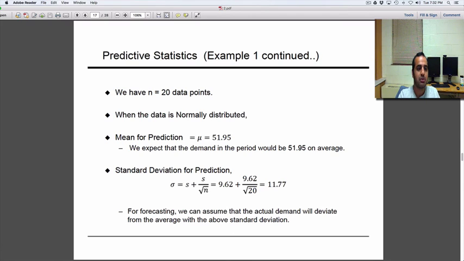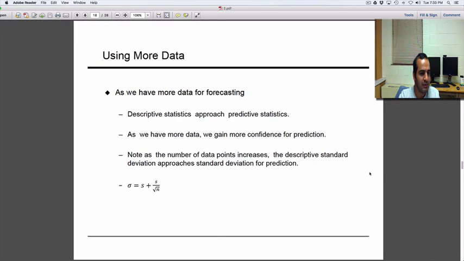For forecasting purposes, we can assume that the actual demand distribution will deviate from the average with the above standard deviation, which is 11.77. Now let's think about using more data. As we have more data for forecasting, descriptive statistics approach predictive statistics. As we have more data, we gain more confidence in our prediction.